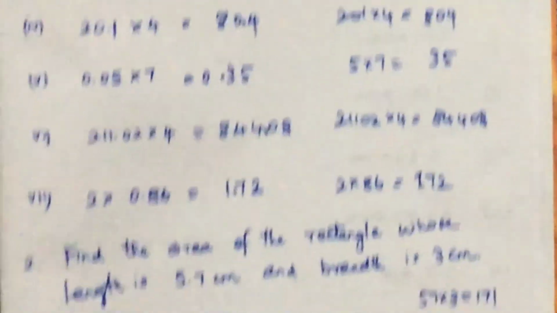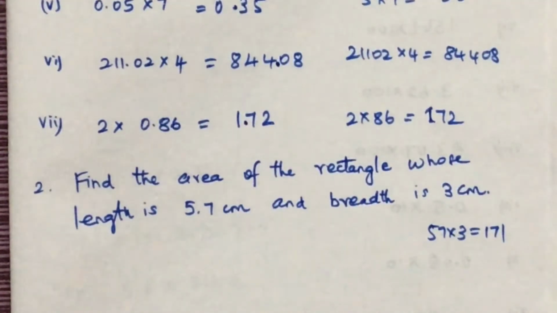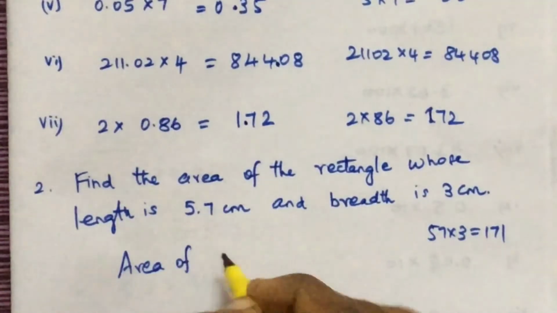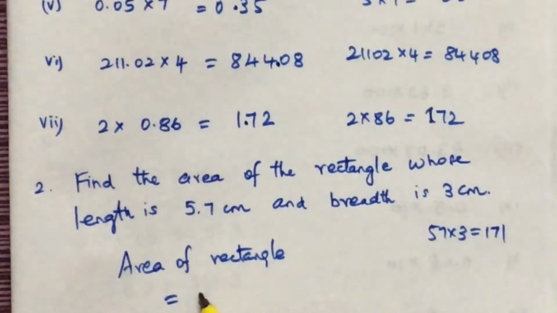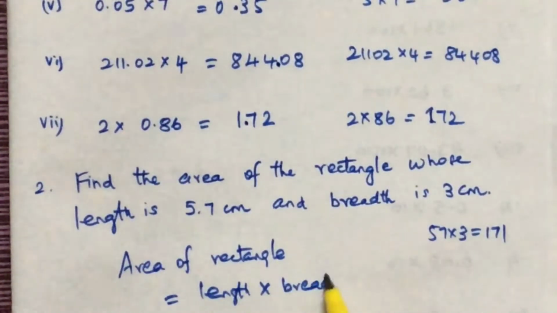Next problem is: find the area of the rectangle whose length is 5.7 centimeter and breadth is 3 centimeter. So area of rectangle, the formula is length multiplied by breadth. You have to multiply the length and the breadth.